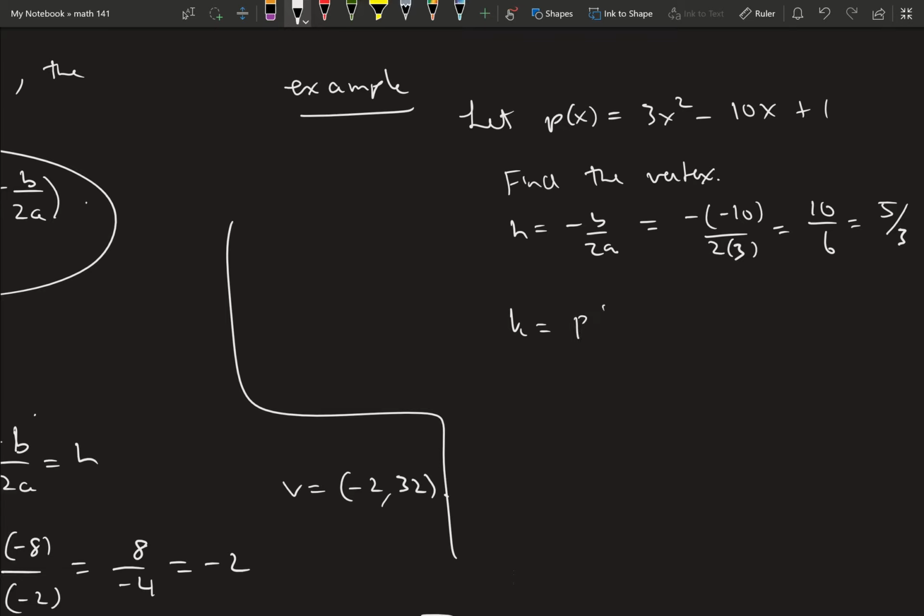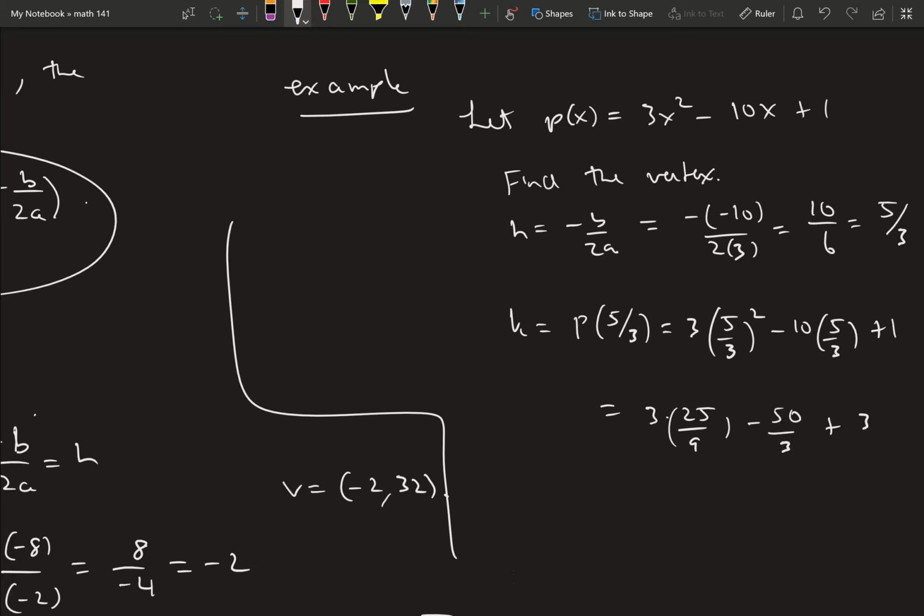k is p of 5 over 3, which is 3 times (5/3) squared minus 10 times 5/3 plus 1. So this is 3 times 25 over 9 minus 50 over 3.